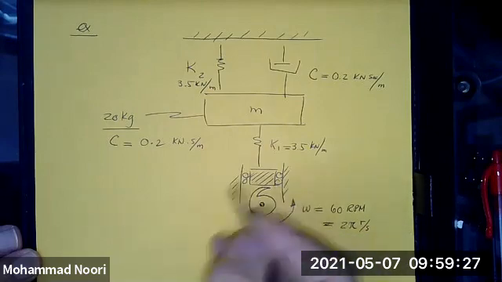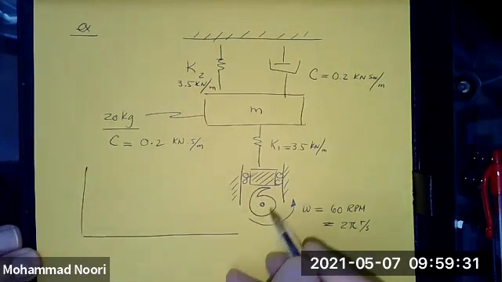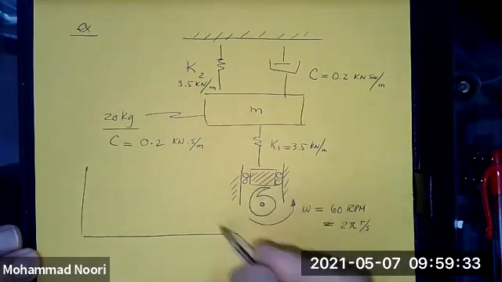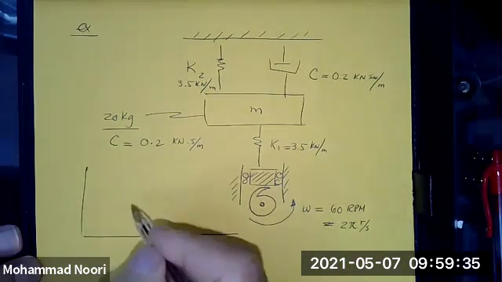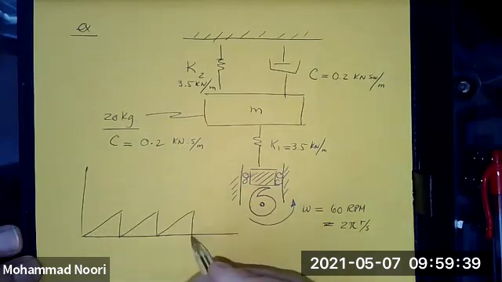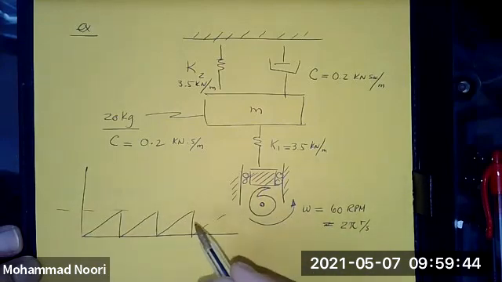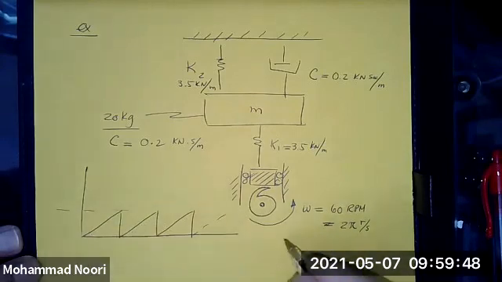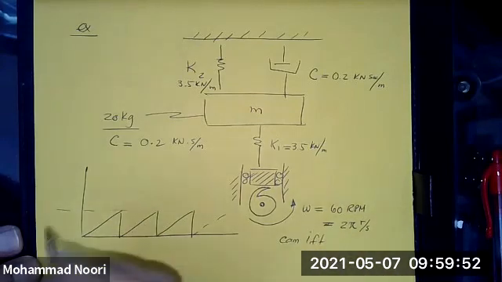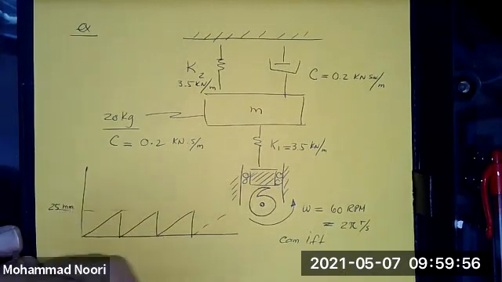This cam drive represents a sawtooth function that looks like this. Okay, the maximum peak, or the lift, or we call it cam lift, is 25 millimeter.